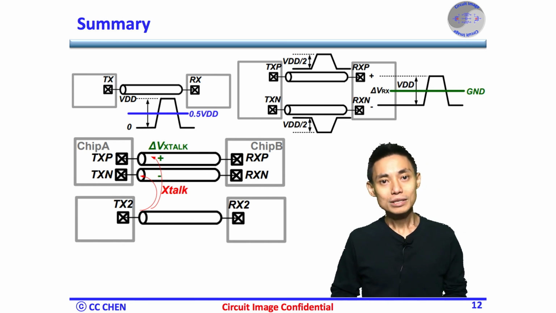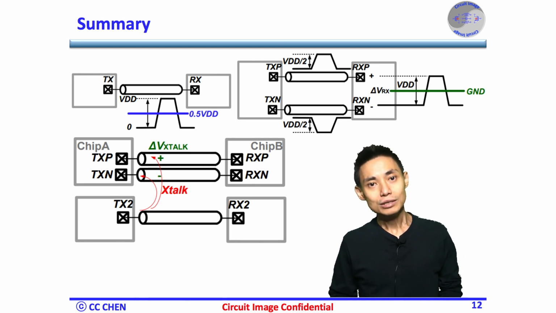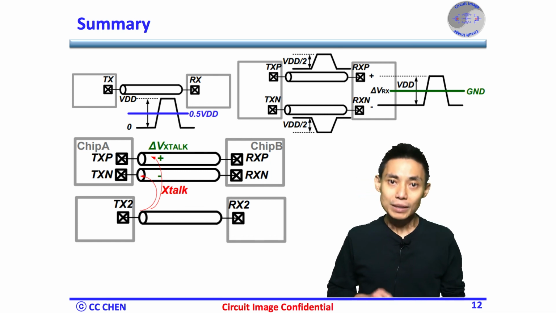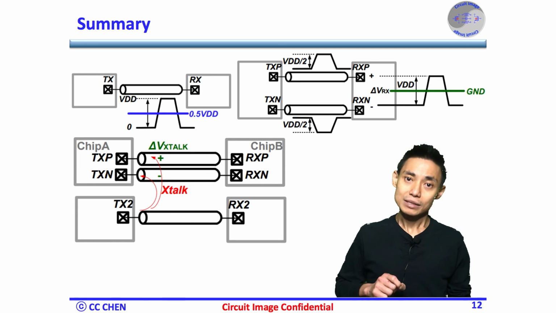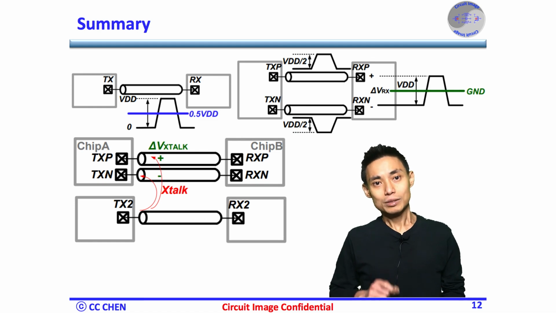I hope those summary images provide you with a ballpark idea of why differential signaling is more popular. But that does not mean the single-ended cannot meet the system link target. In general, single-ended signaling is just more difficult to handle all those issues.